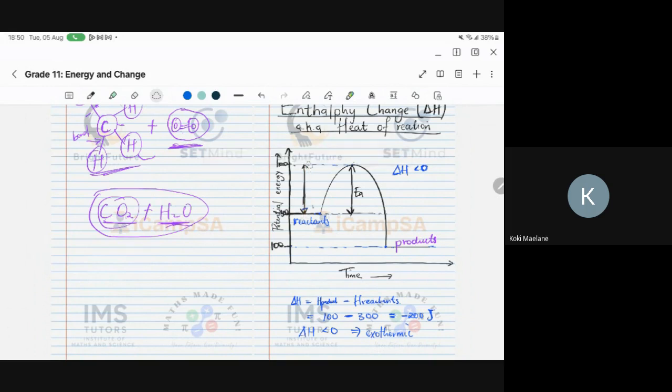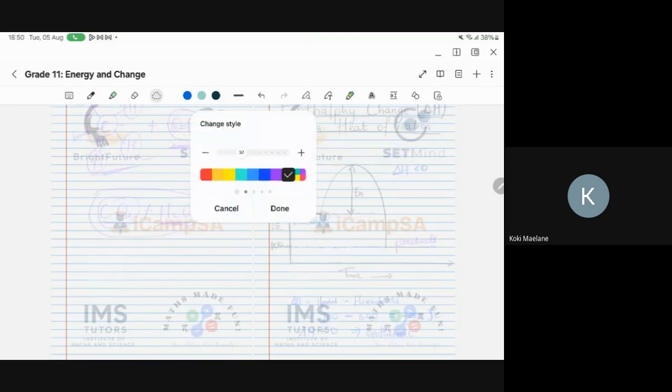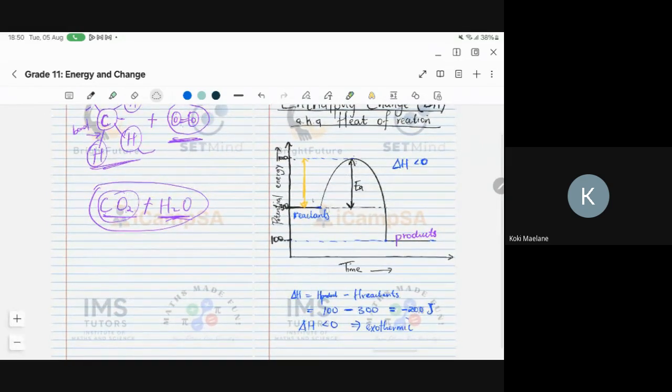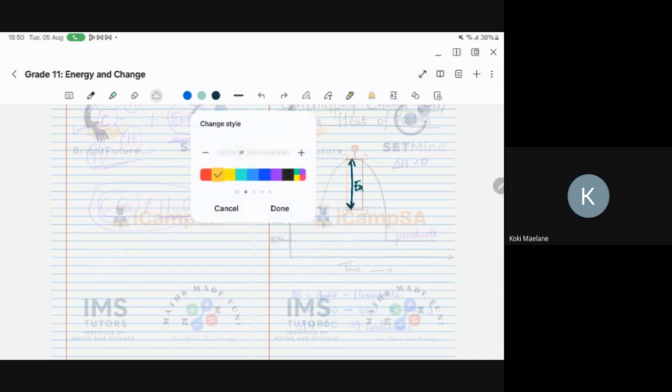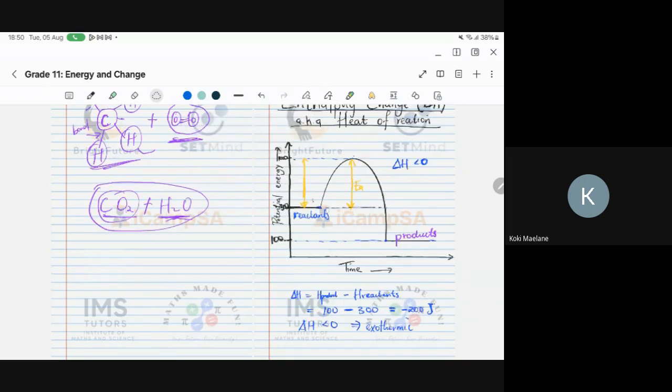Doesn't change a thing. Let's make it that's your activation energy. Right, it's basically the same thing.